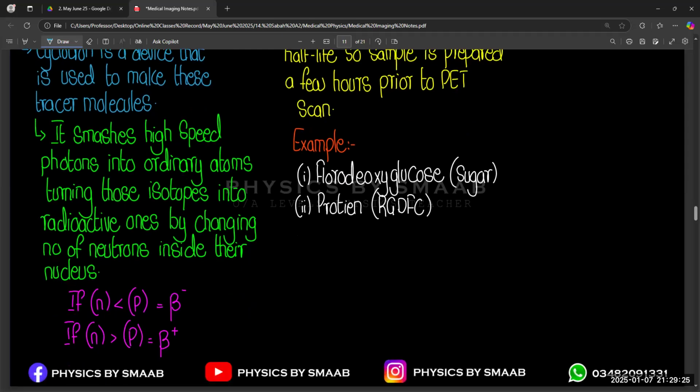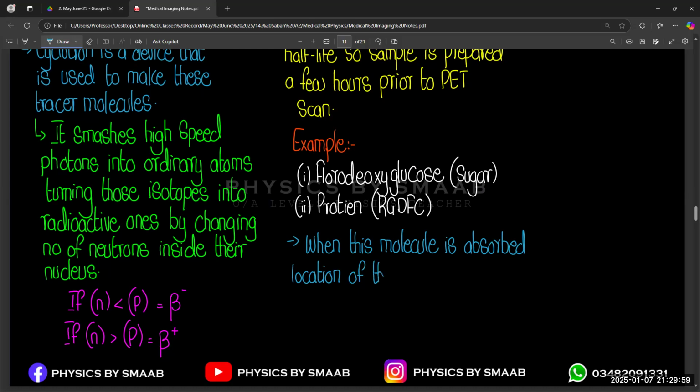So after the cyclotron, when this molecule is absorbed, the location of that part is found.